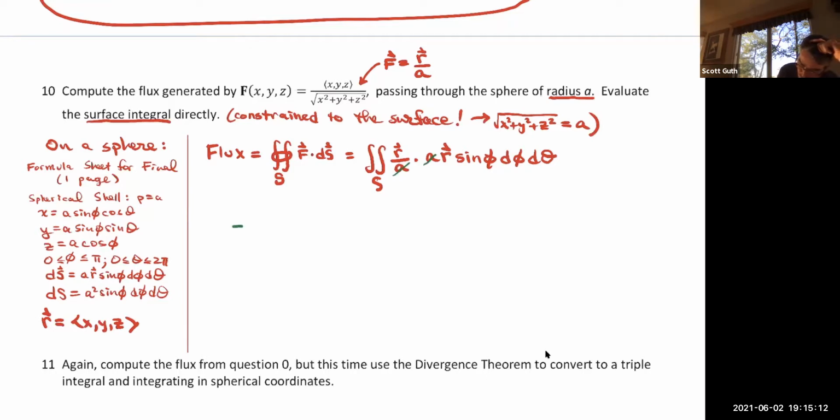So this is a double integral of R dot R, which is the magnitude of R squared, times sine phi d phi d theta.